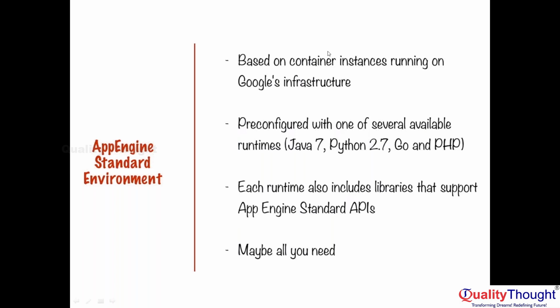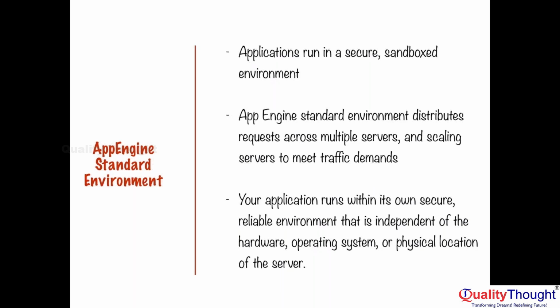You need not delete anything or get extra things; everything required is here in standard. In standard, all applications execute by default in a secure sandbox environment, and you need not worry about setting up security.